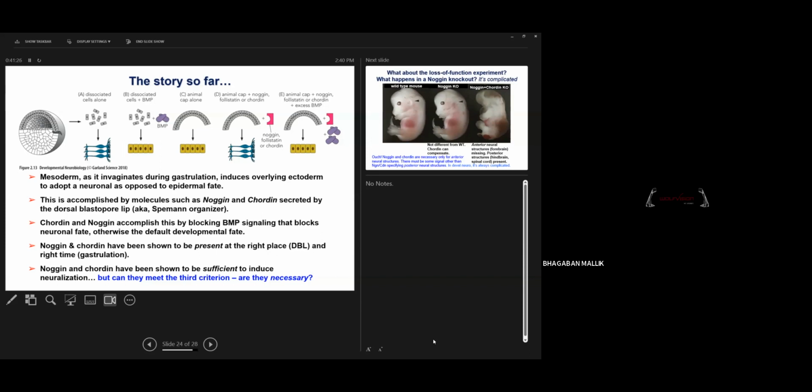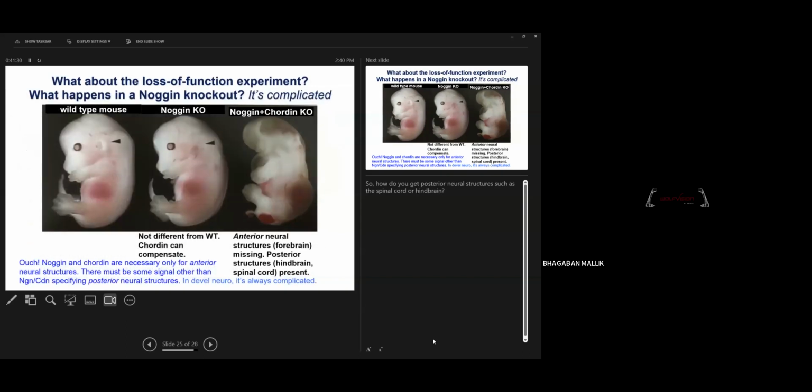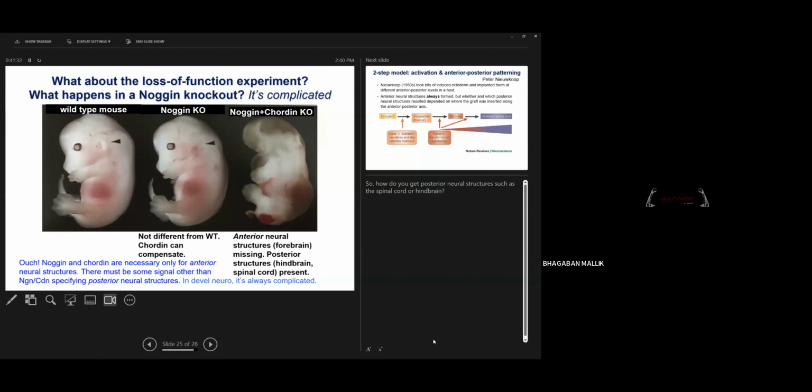There are some studies people have done in animals showing that noggin, chordin or follistatin are not sufficient to develop all the nervous tissue. This is a wild type mouse, and this is a noggin knockout mouse. In the wild type mouse you can see the formation of nervous tissue and ear, and those things are missing in the noggin knockout mice.